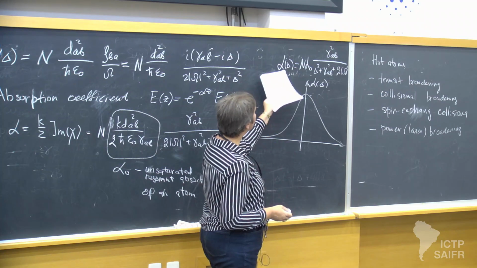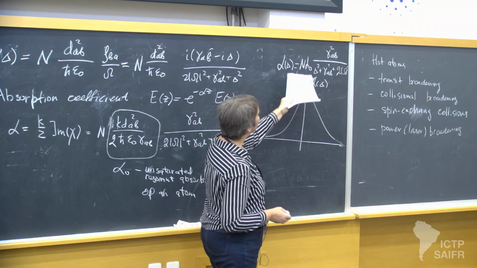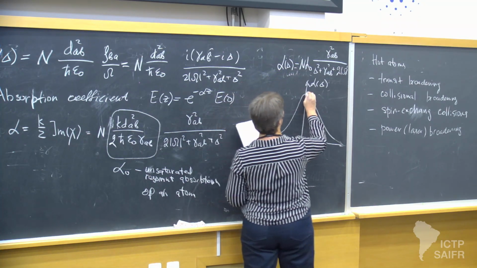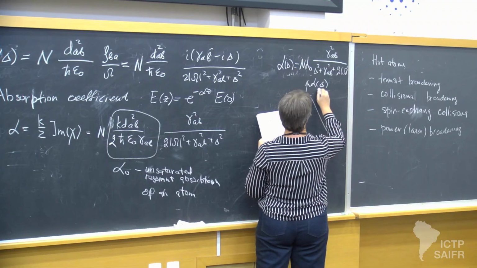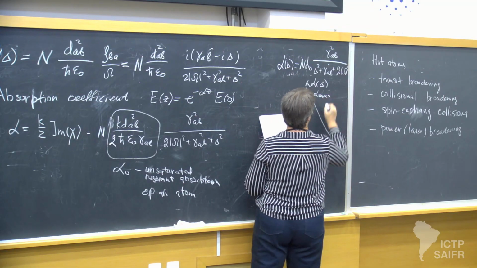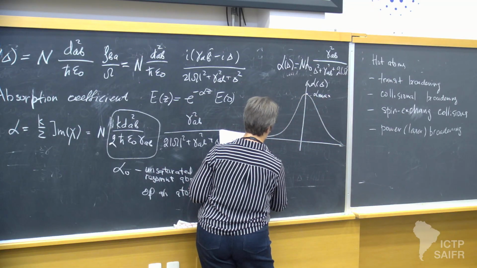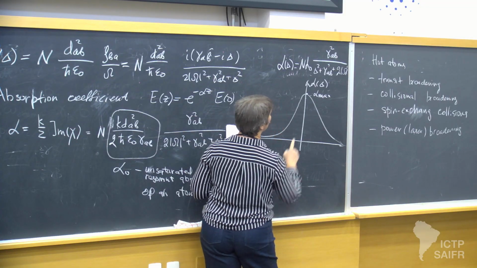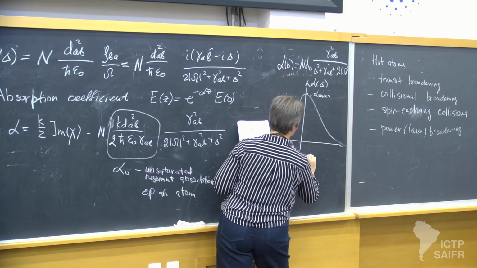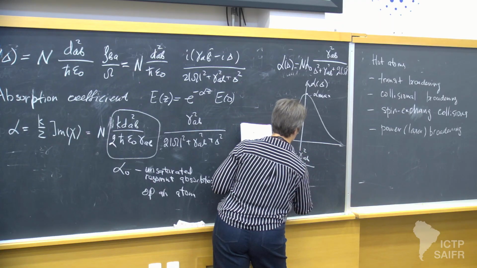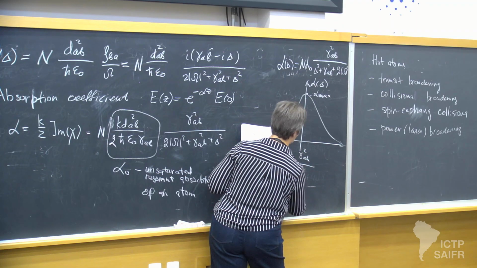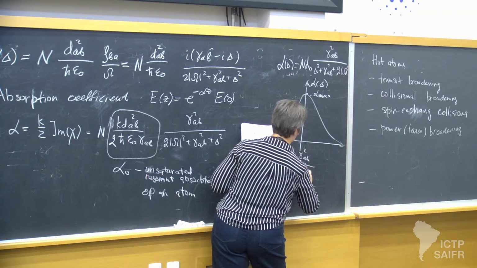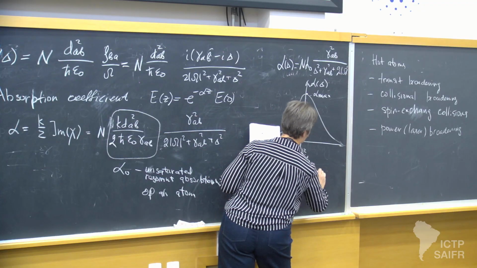The maximum absorption I'm going to have is, of course, when delta is equal to 0. So the maximum absorption, it's easy to see, is going to be n alpha 0 gamma AB squared over gamma AB squared plus 2 omega squared.